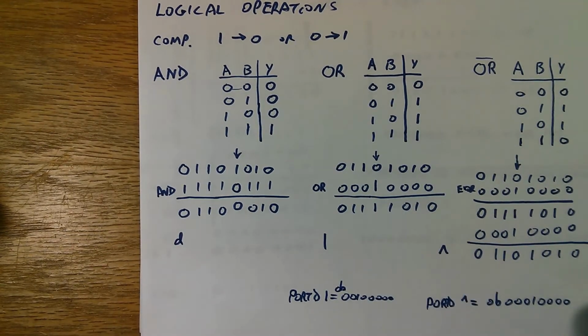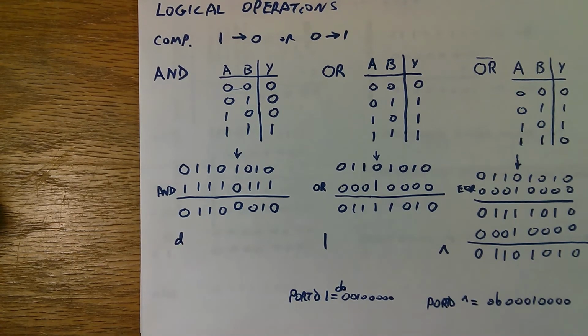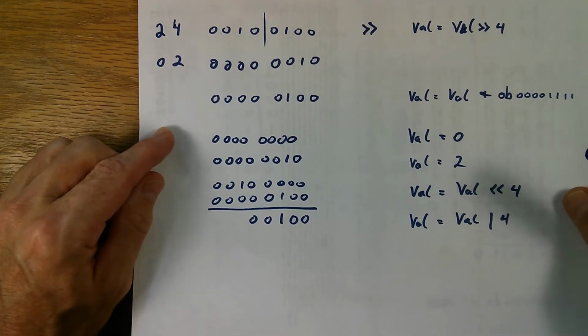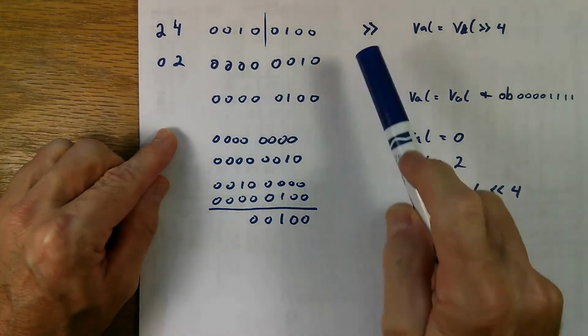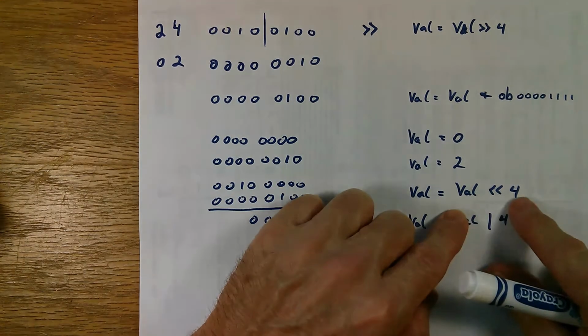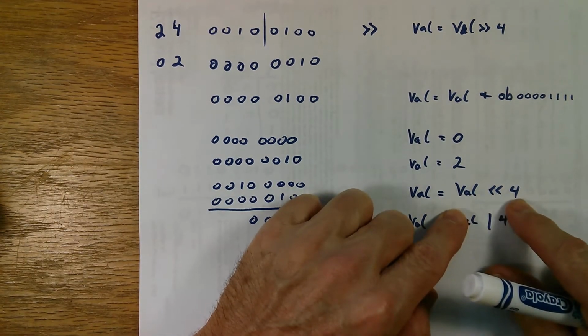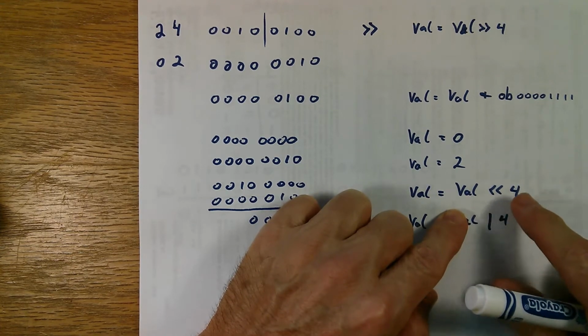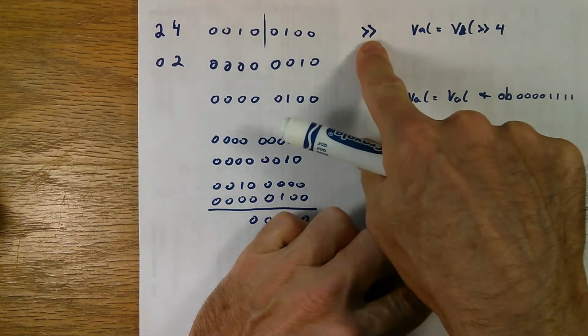And finally, we looked at combining different operators, or actually I kind of glossed over the shift operator, but I went through it in a little bit more detail the second time around. That's the shift operator, and it requires a number after it, and that tells you the number of bits that you're shifting, either shifting left or shifting right in this case.